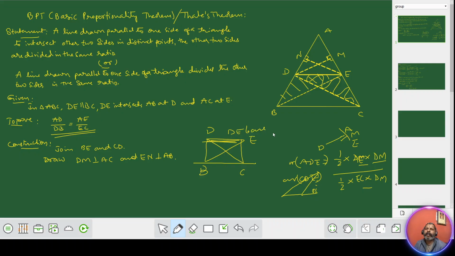DE is the base. What are the parallels? We know from the given that DE and BC are parallels. So triangles BDE and CDE are on the same base DE and between the same parallels DE and BC. Therefore, their areas are equal. That is a concept which we learned in the 9th standard.